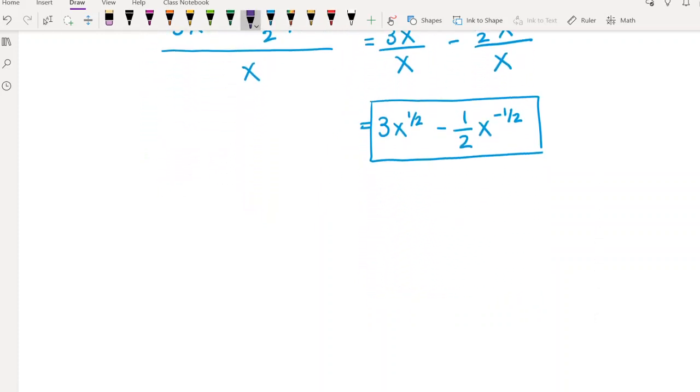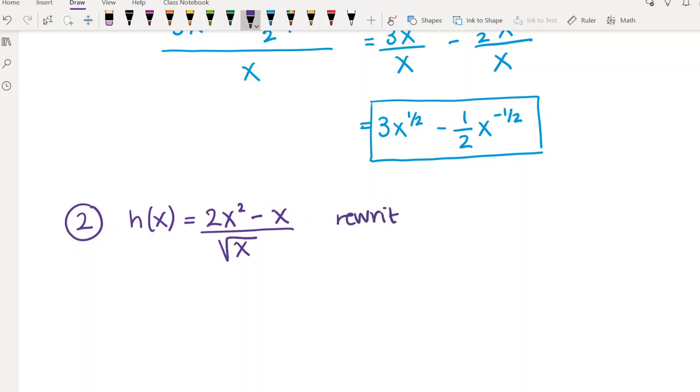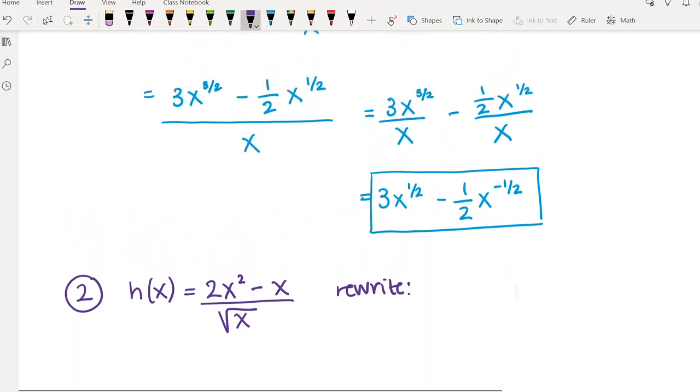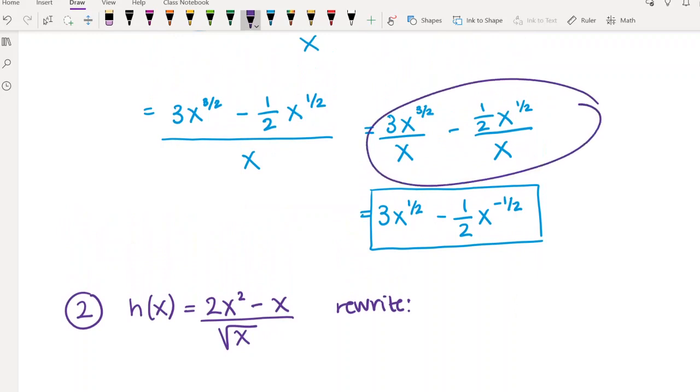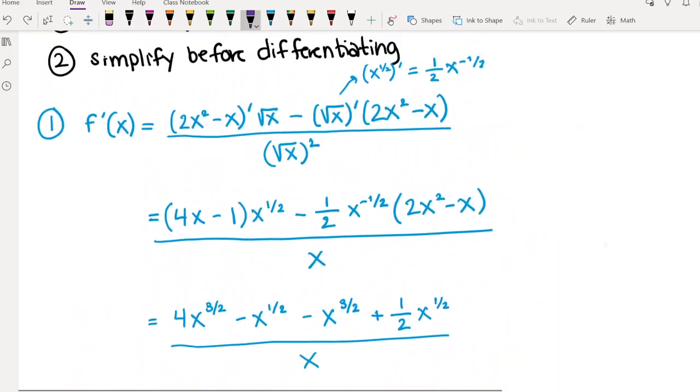Okay, so let's see how much easier it is to do it the other way. So second method. So the second method is starting with our function, and before we do anything else, rewriting it. So we're basically going to do the same type of simplification that we had to do in this step, but we're going to do it only once, and then we're not going to have to do all of this stuff up here.